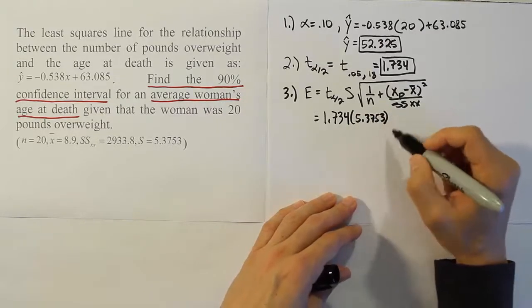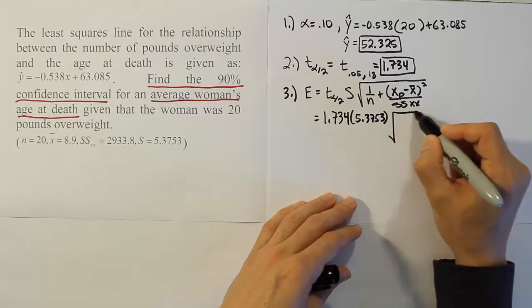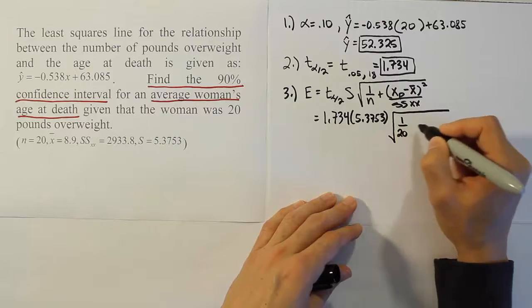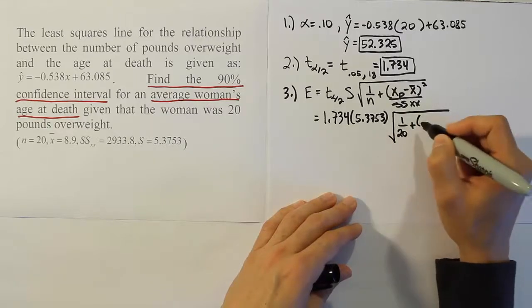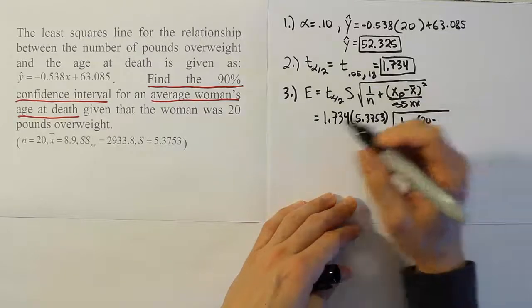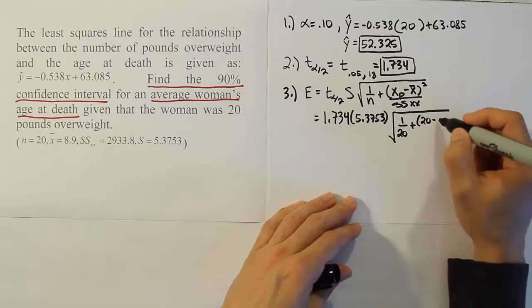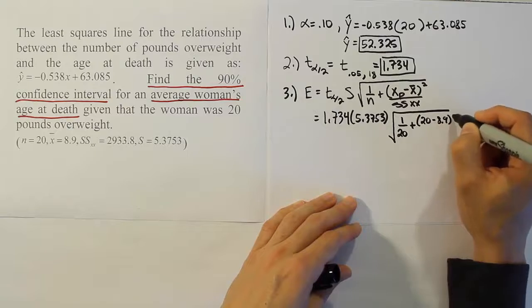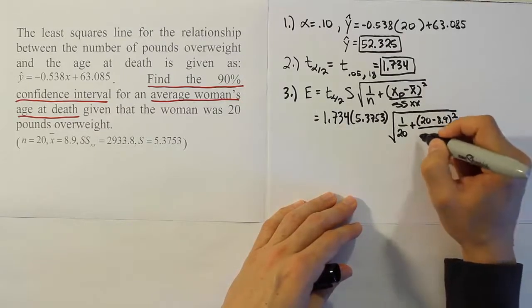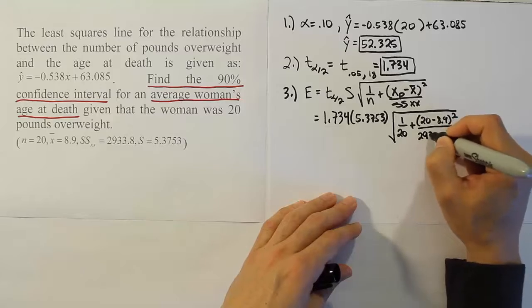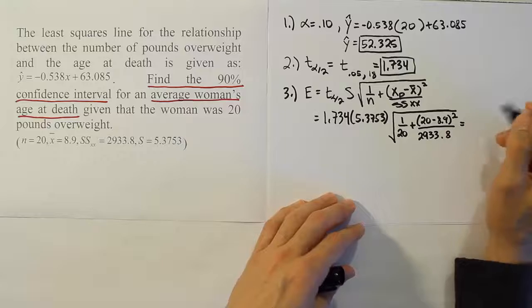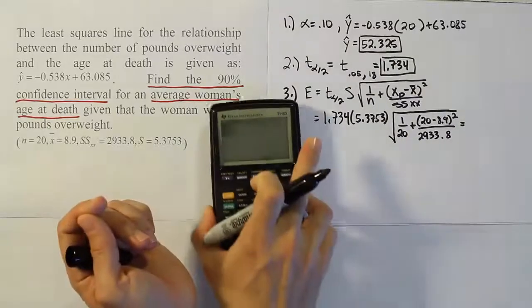Then that is multiplied by the square root of 1 over 20, plus the fraction xp, our predicting x value, that's 20, minus the x bar, 8.9, quantity squared, divided by the sum of squares for the x's, which is 2,933.8.